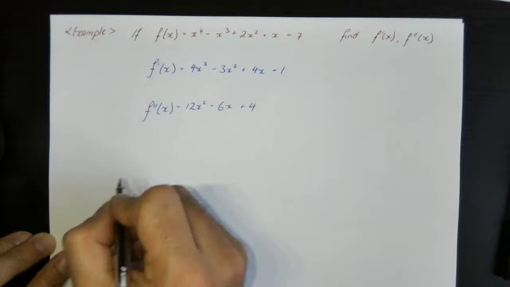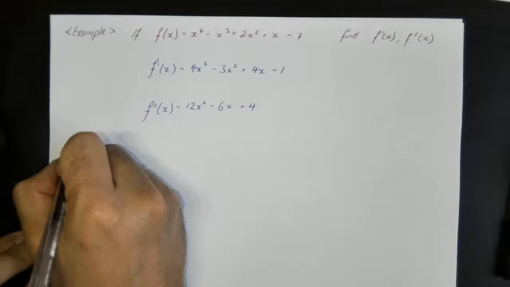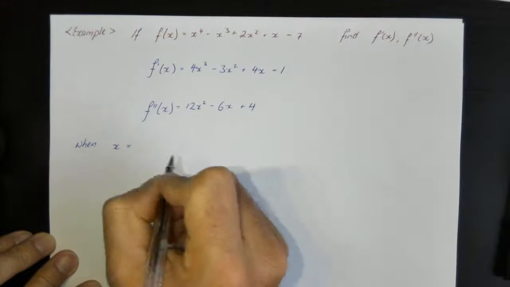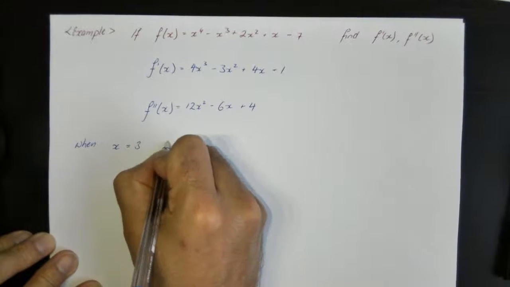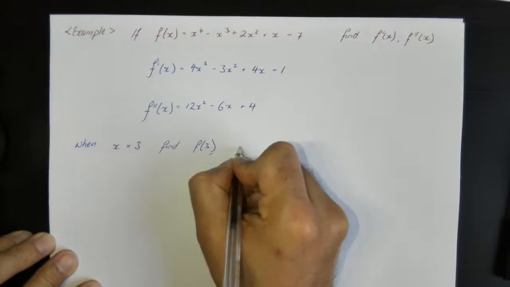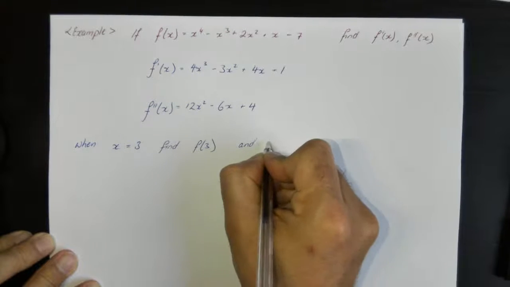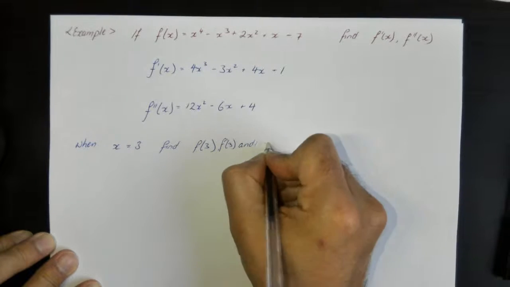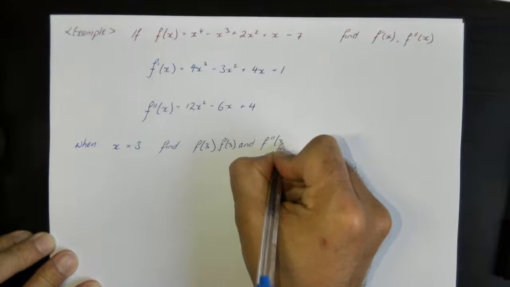And obviously, if we wanted, when x equals 3, to find f of 3, f dash of 3, and f double dash of 3, why not?